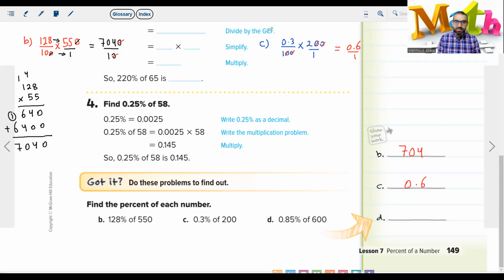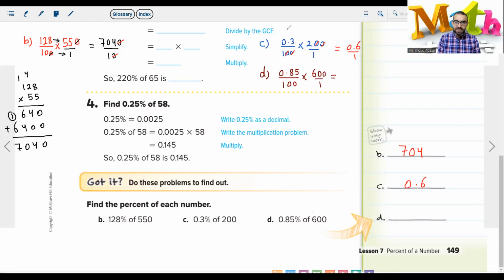Another problem, problem D. 0.85% of 600. 0.85% is like 0.85 over 100 multiplied by 600 over 1.